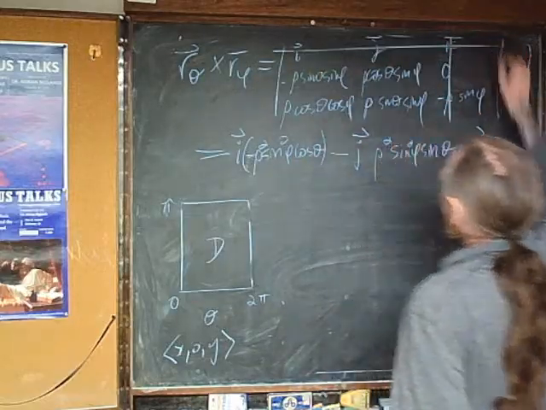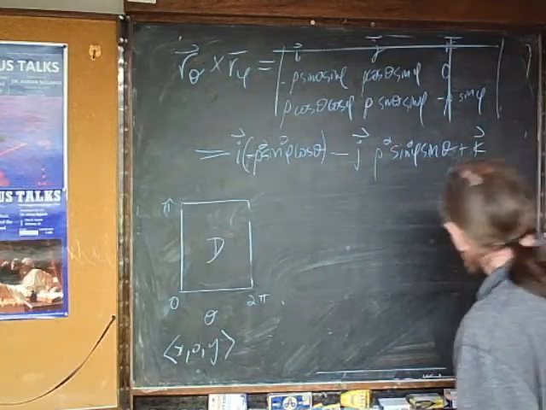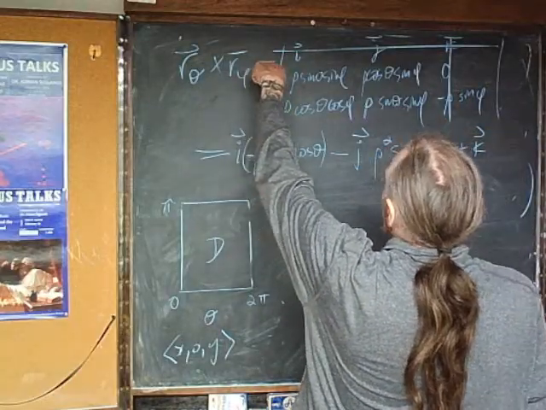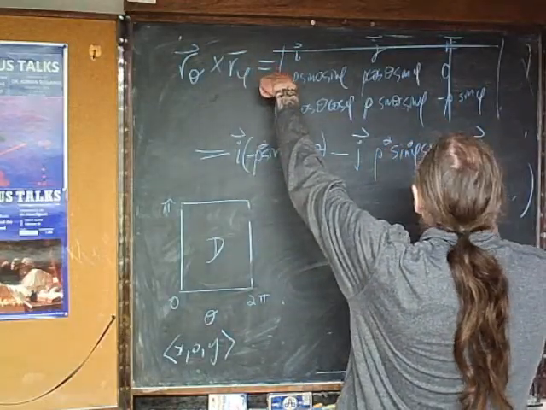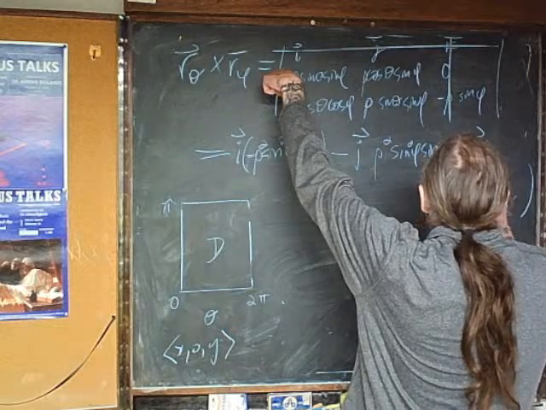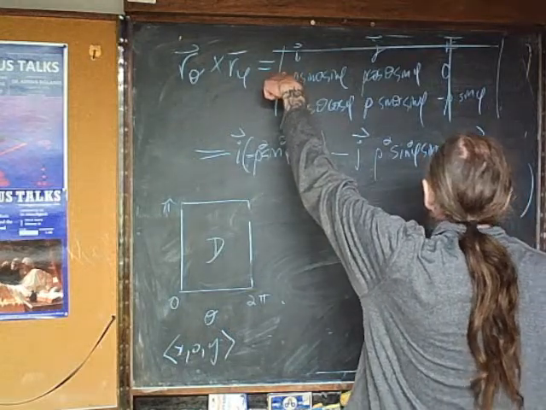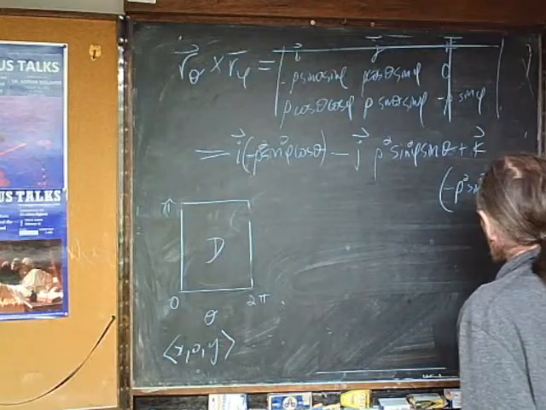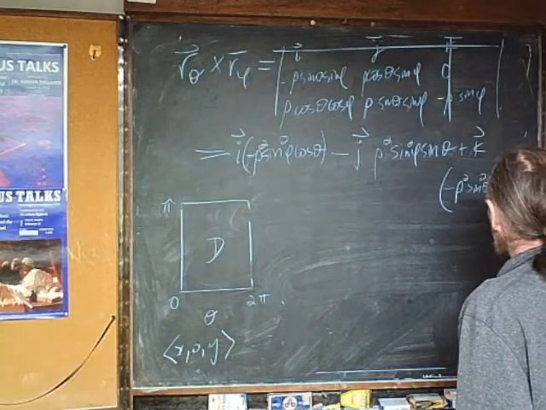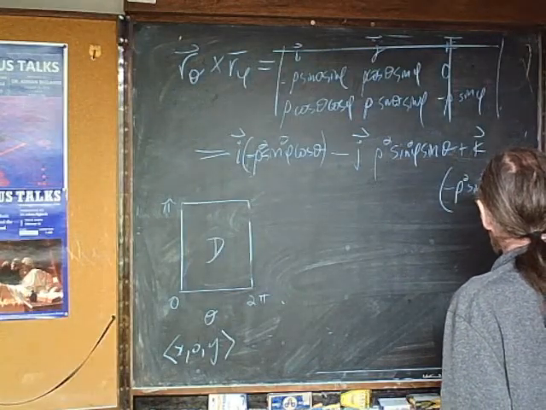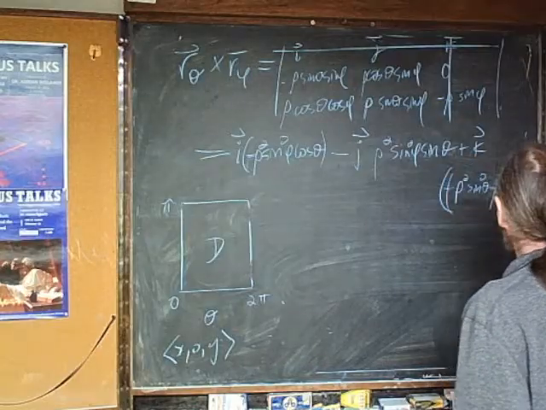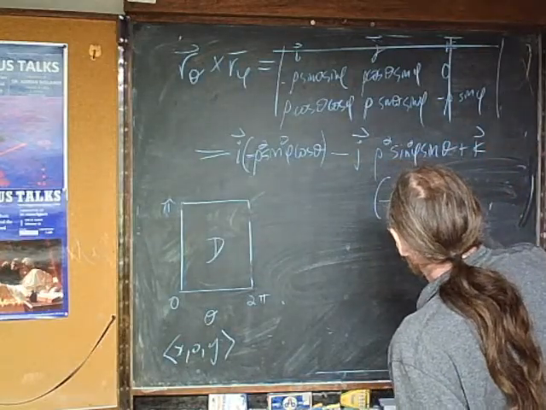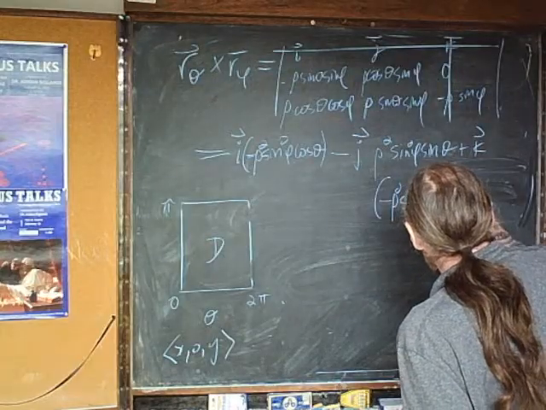I can block off this finally. Oh, crap. K times this junk, which is going to be what? Negative rho squared sine squared theta minus rho squared cos squared theta times negative rho squared sine squared theta minus rho squared cos squared theta.